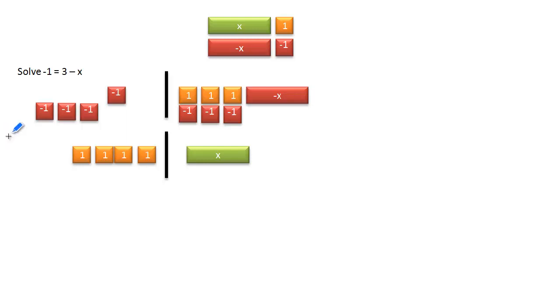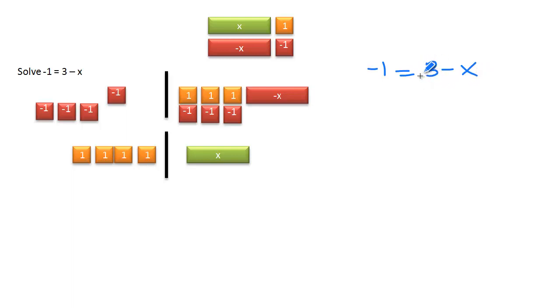Here's our third example, solving -1 equals 3 minus x. We want to get the x by itself.